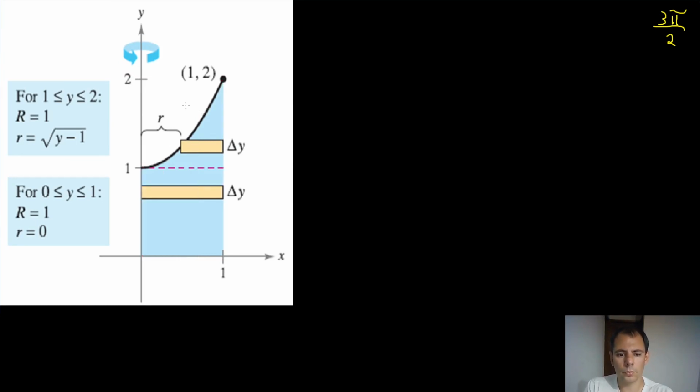So it's going to be 2 pi times the integral of what? Well, this illustration is showing the disk method, but I'm not going to use the disk method, so these horizontal bars here are no longer valid.